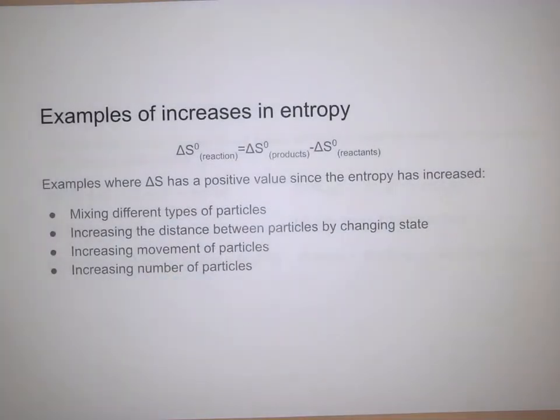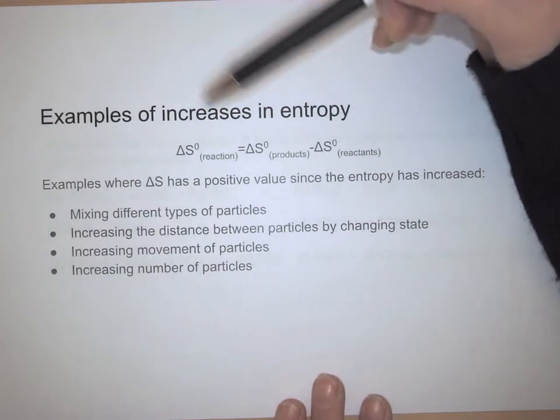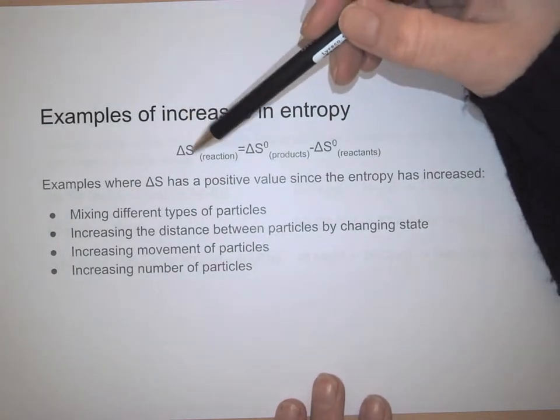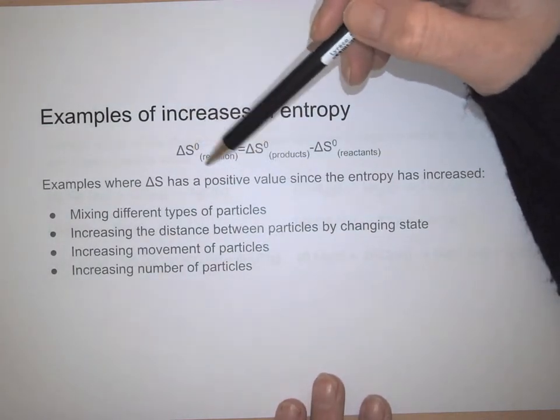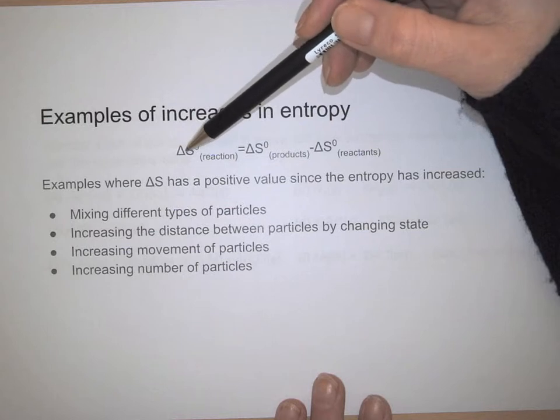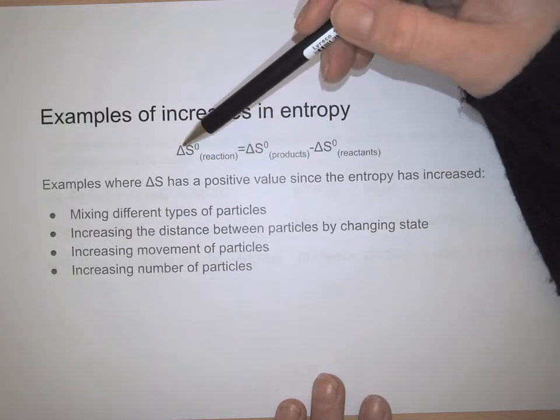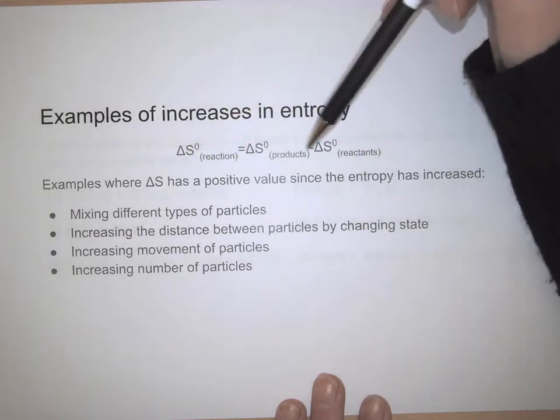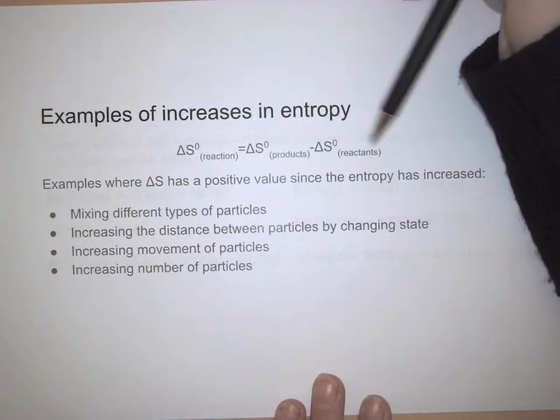So we're now going to focus and apply this to chemistry. One thing that I want you to know is the equation of how you can calculate the delta S, and that is the measurement of entropy. And we're going to look at the products and reactants. So just write this equation.